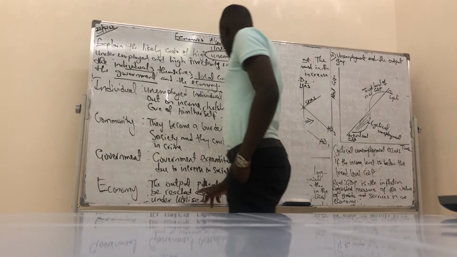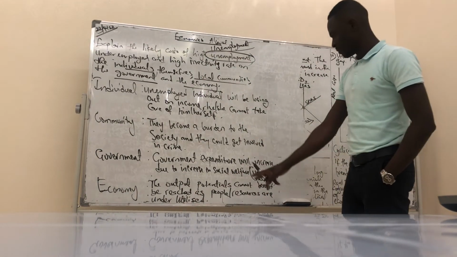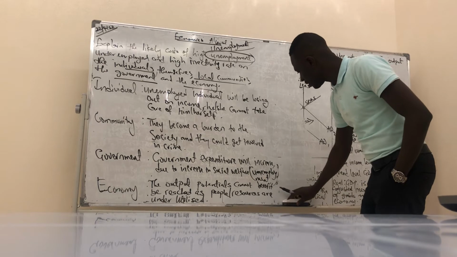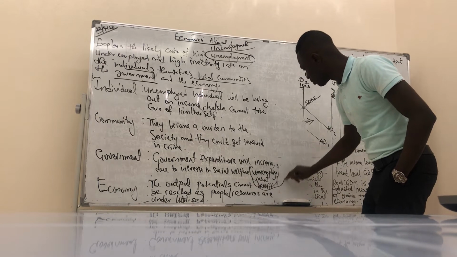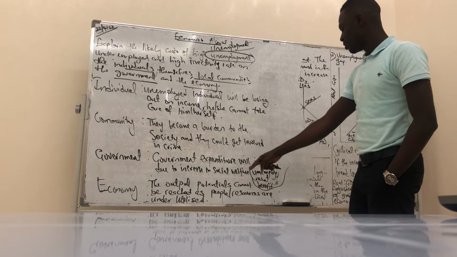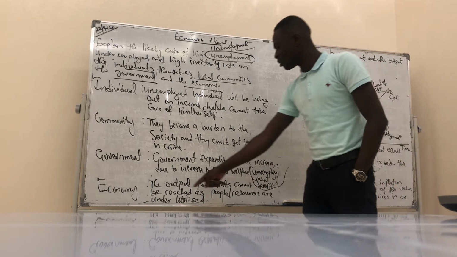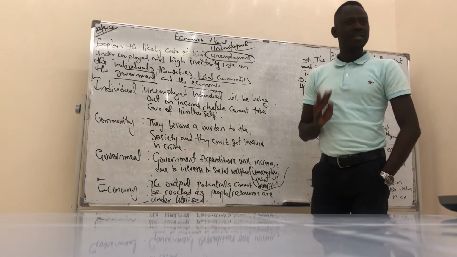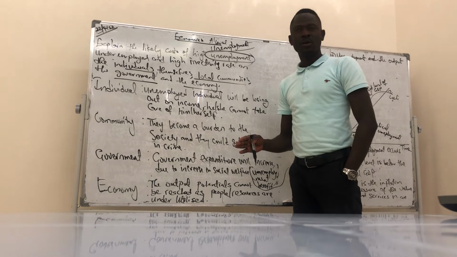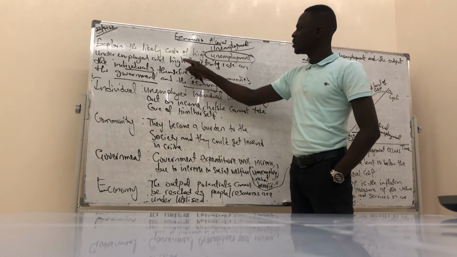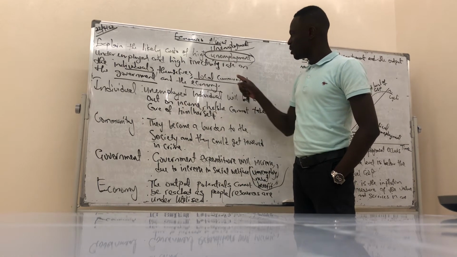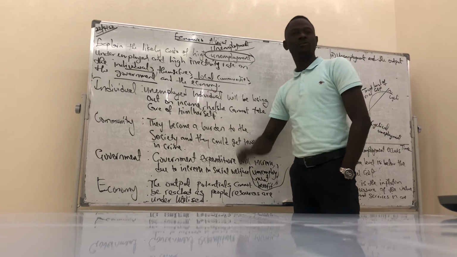So the output potential cannot be reached, as people and resources are underutilized. That is the impact of unemployment on the individual, the local community, the government and the economy.